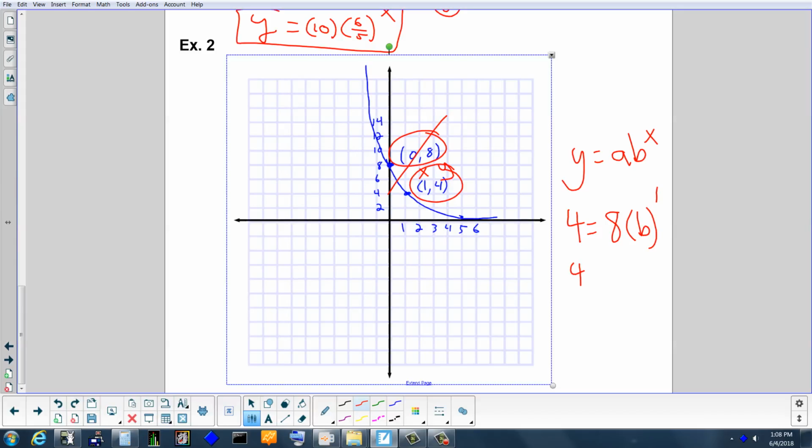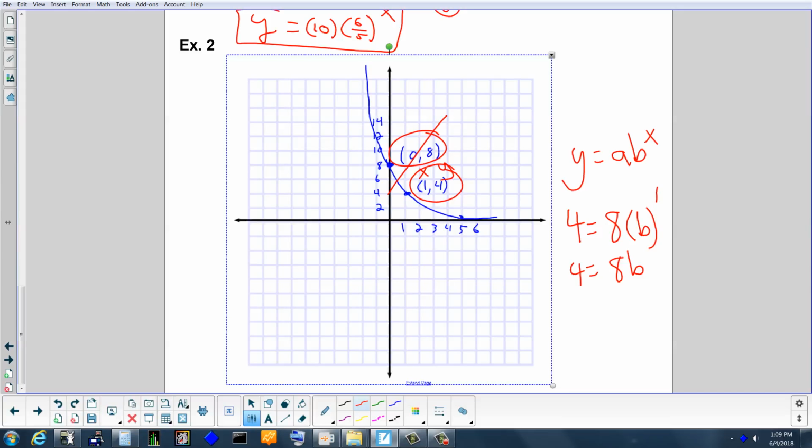So now I'm going to have 8 times B, which is 8B. My last step here would be what? To bring it over, by doing what math operation?